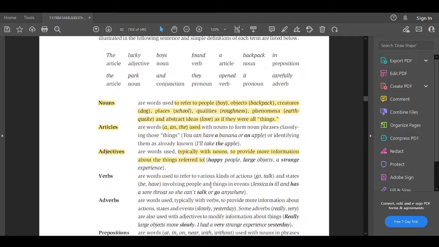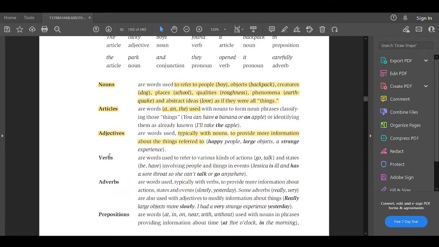Okay, we have verbs. The words for action, anything that is a kind of action. So various kinds of actions. And states. We talk about states like have, involved with people and things in events.